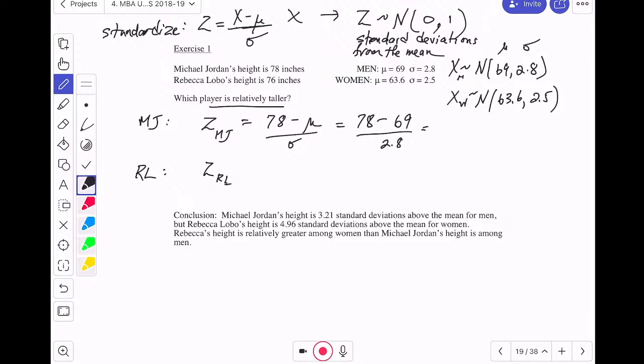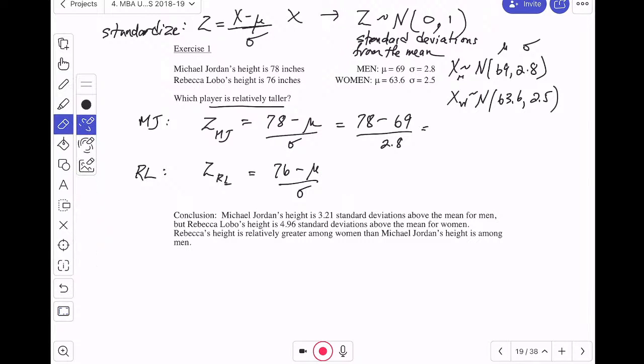So the z for Rebecca Lobo is 76, and do the same thing, but now we're going to do this for women, right? So I could put a W here. Again, at the risk of confusing you, I'm going to use the same approach, but a different set of parameters.